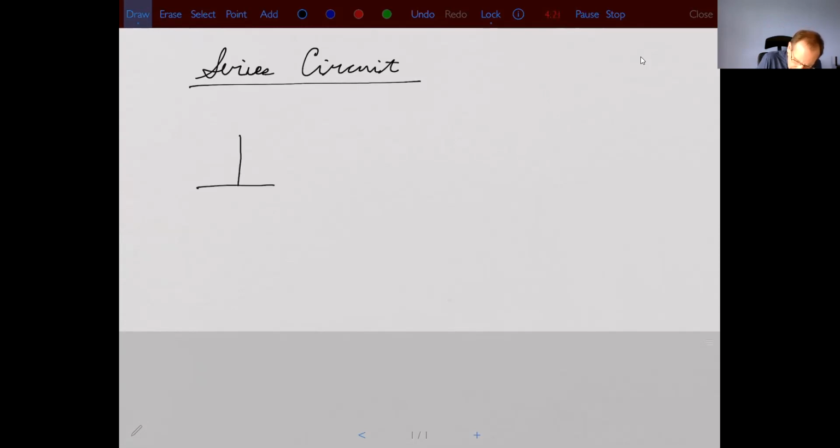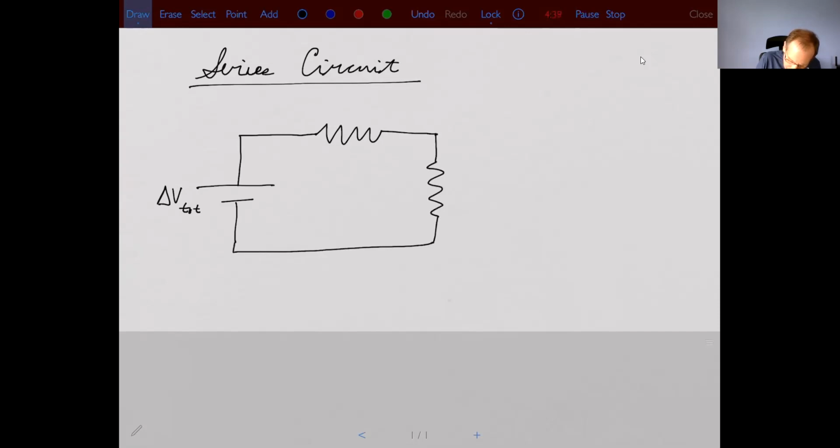This is our battery, right? I'll call this delta V total. So that's our voltage drop. Then we have, say, a resistor right there, and then maybe one right here. I'll call this R1, resistor 1.